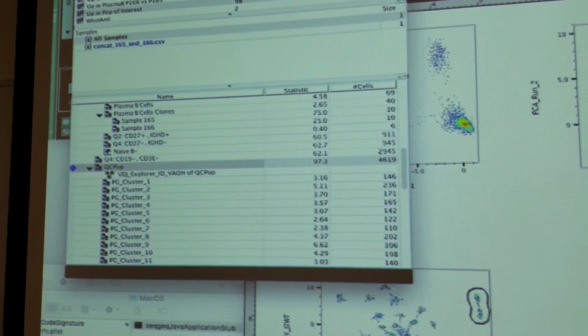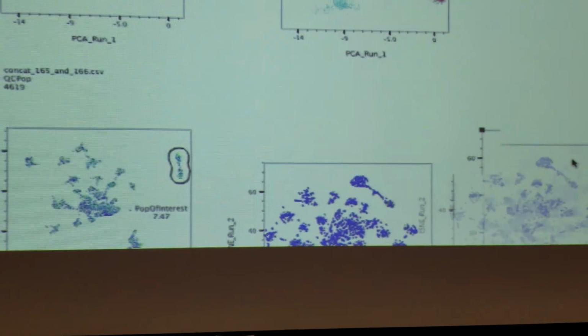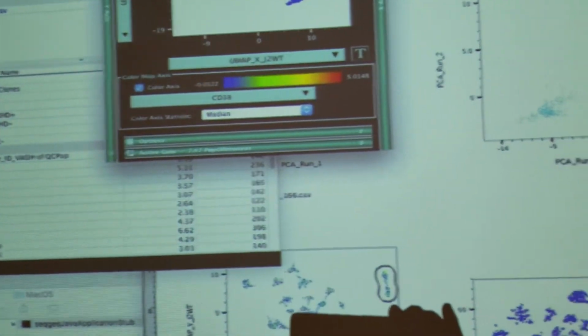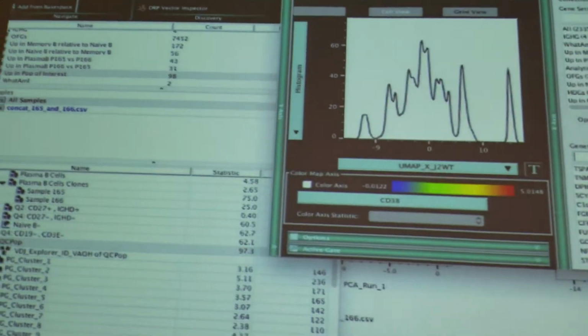A quick question. Let's say initially you generate the principal components using all the QC population, which might include B cells and other contaminating cells.